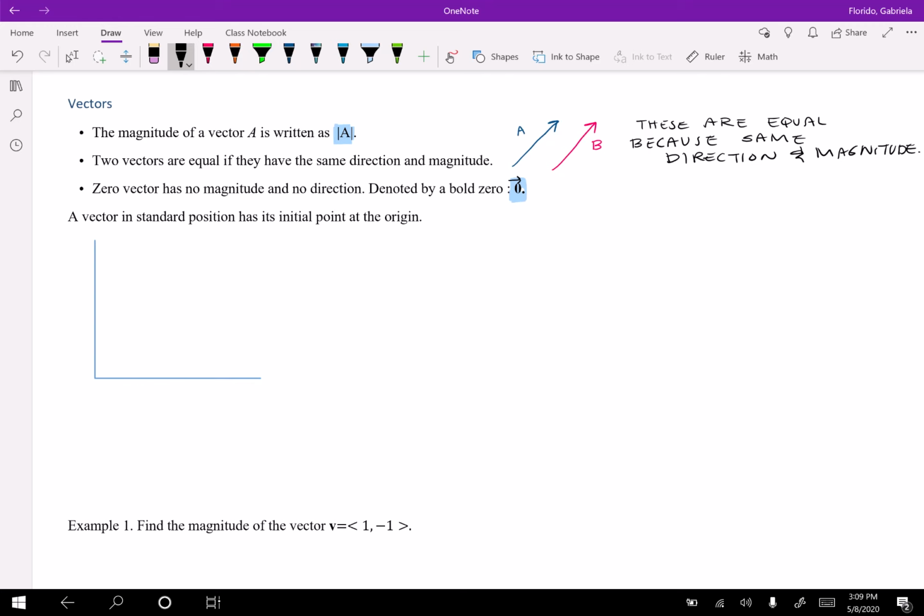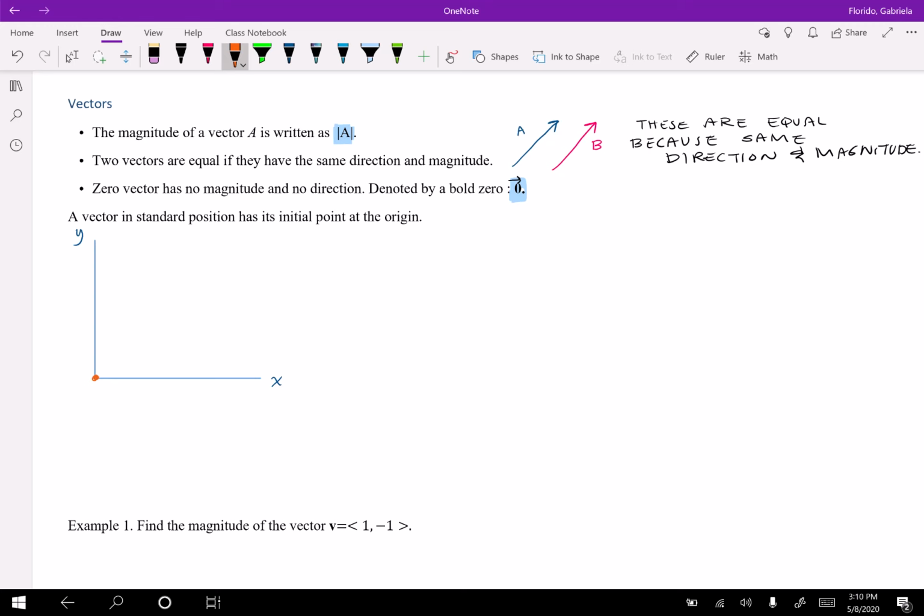Let's talk a little bit about what a vector looks like in standard position. A vector in standard position has its initial point at the origin. Suppose this is my x and y axis, and here's my origin. My vector is going to start at the origin, and depending on the direction, it's going to be either closer to the y-axis or closer to the x-axis.